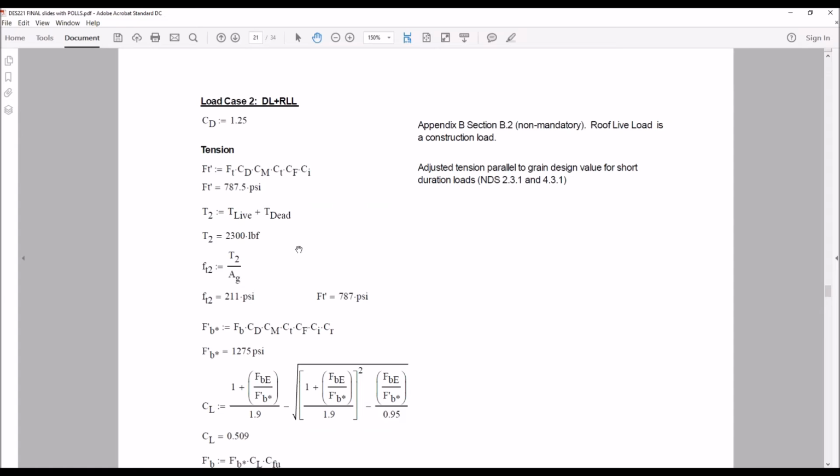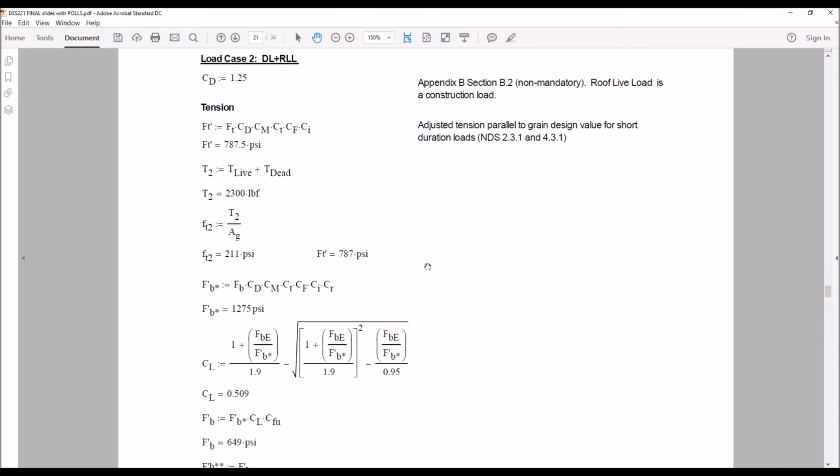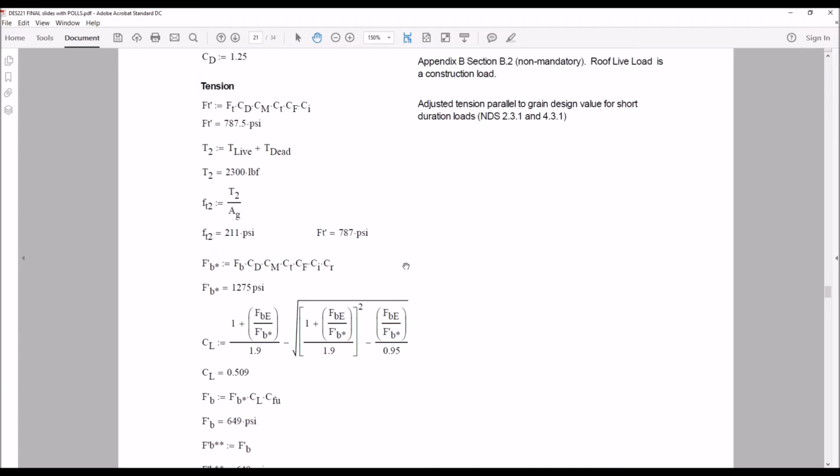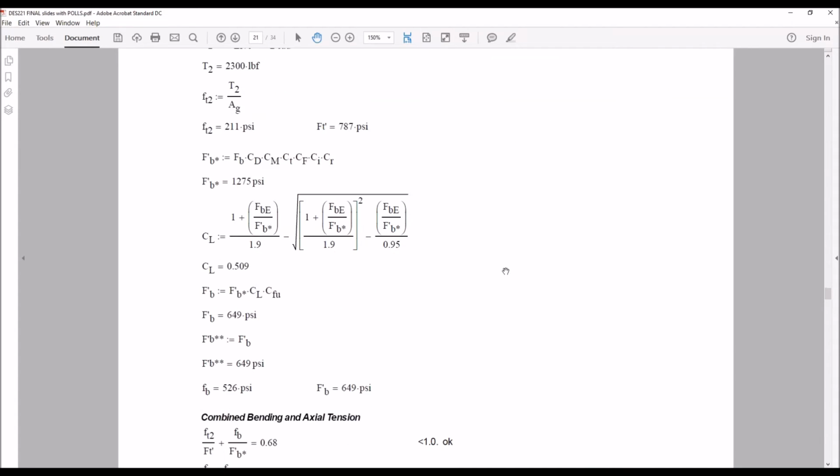And then our applied tensile load for the live and dead loads is 2,300 pounds. Resolving that into a tensile stress, we see that our applied stress is 211 psi, our allowable is 787 and some change, so that's good. We're not exceeding the tensile capacity, but we do need to check the bending stress now.